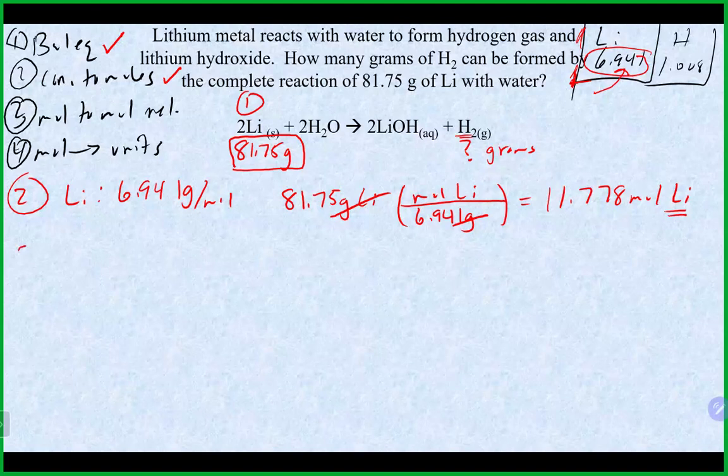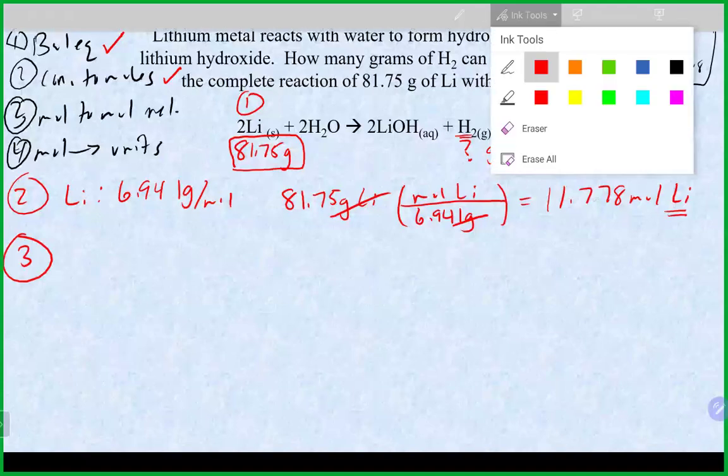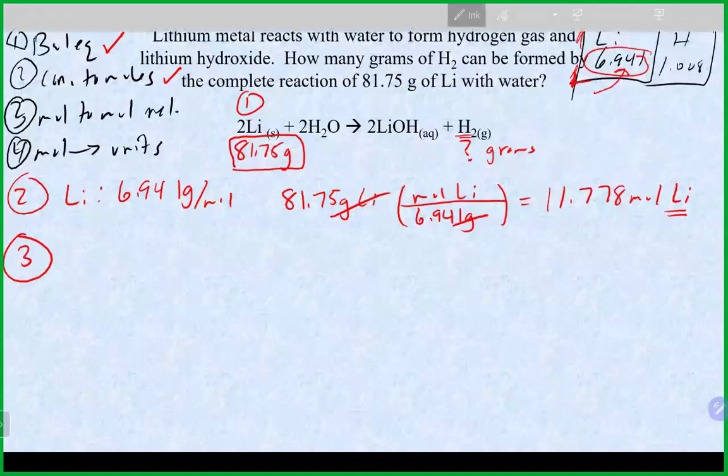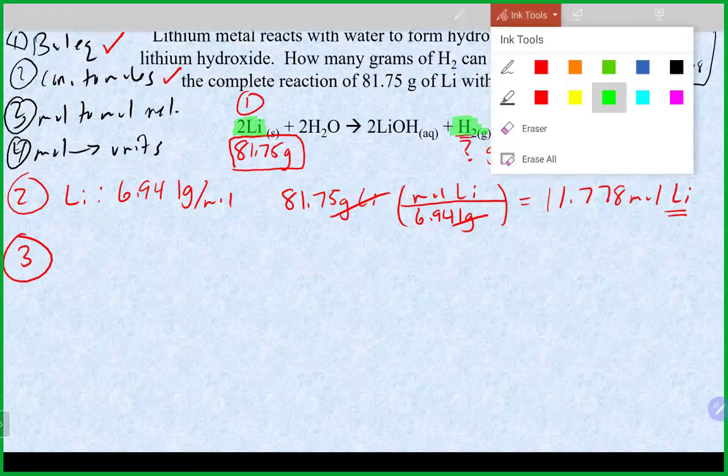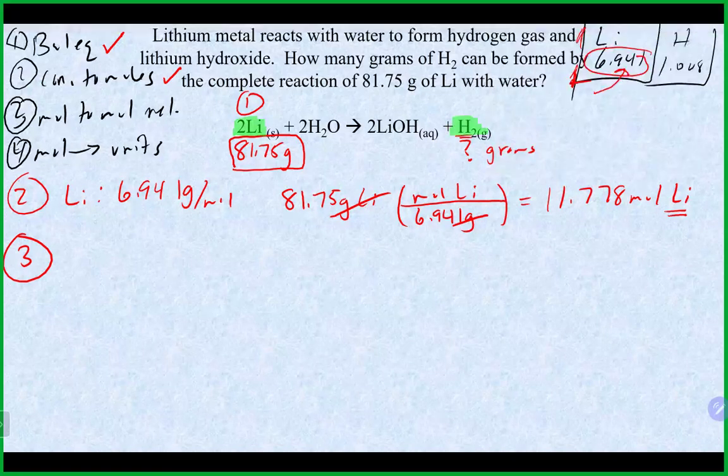That brings us to the third step, which once again is the mole-to-mole relationship. That is really the stoichiometry, and it happens to be the same one that we used in the previous problem, between these two species, which is what we're interested in. As we saw in the previous problem, for every 2 moles of lithium, we get 1 mole of hydrogen out the end.